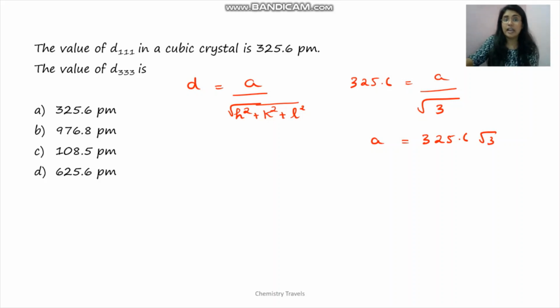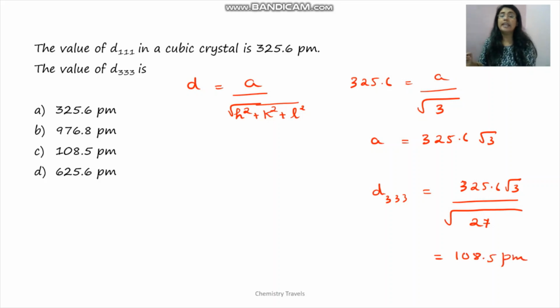Now to find the value for d333, which I don't know, instead of a, I can substitute 325.6 root 3, the previous value that I got, divided by root of h square plus k square plus l square. That is 3 square plus 3 square plus 3 square, that's 9 plus 9 plus 9, so 27. I can calculate, and the value will come out to be 108.5 picometer.